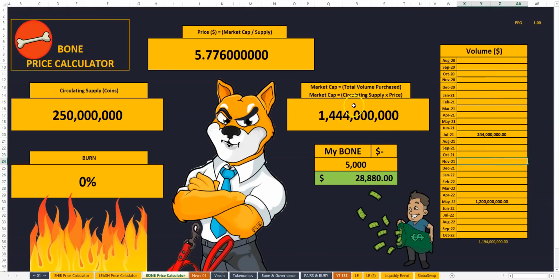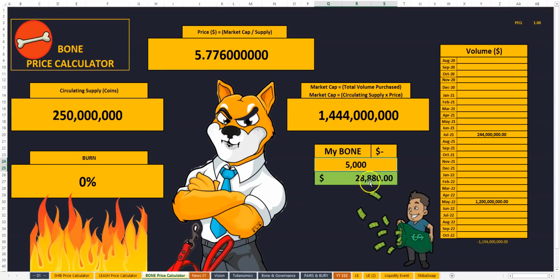Now have a look. We now have a 1.4 billion market cap, and if you managed within this 2021 to get your hands on 5,000 bone, just from rewards without even putting anything in, you now have $28,000.